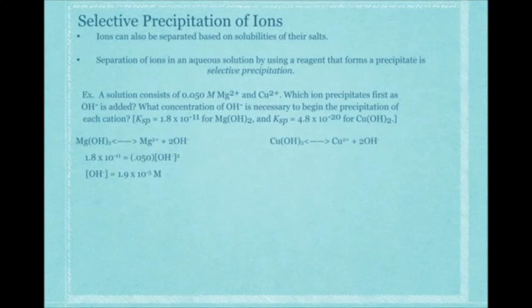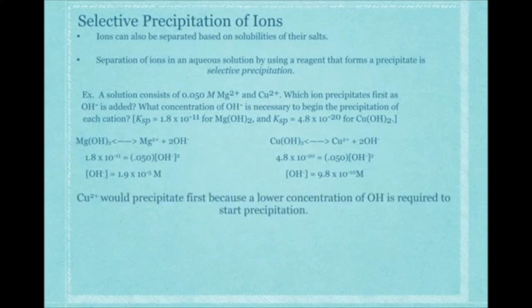When I do the exact same thing for copper hydroxide and plug that in, what I get for my concentration of hydroxide is 9.8 times 10 to the negative 5th. So for copper hydroxide, you need less hydroxide in order to start precipitating it out. Because you need less hydroxide, that means the copper hydroxide is going to precipitate out before magnesium hydroxide.